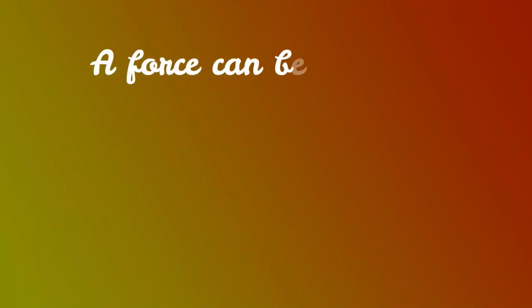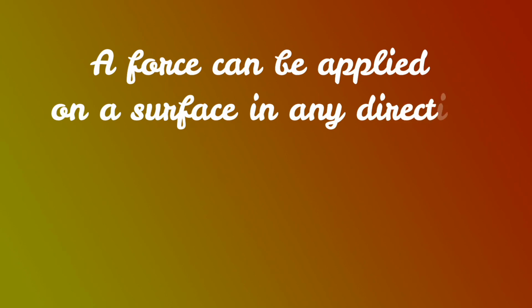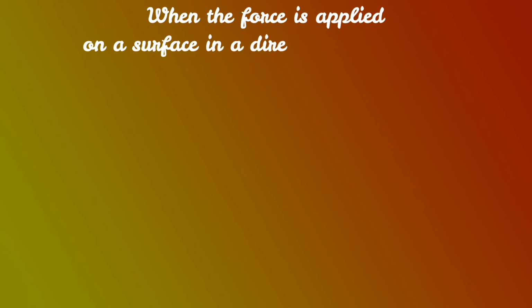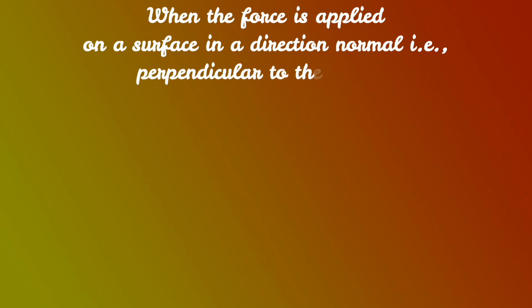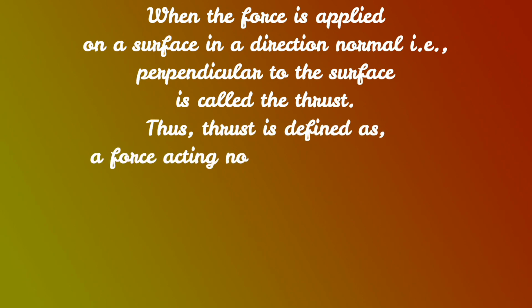A force can be applied on a surface in any direction. When the force is applied on a surface in a direction normal, that is perpendicular to the surface, it is called the thrust. Thus, thrust is defined as the force acting normally on a surface.